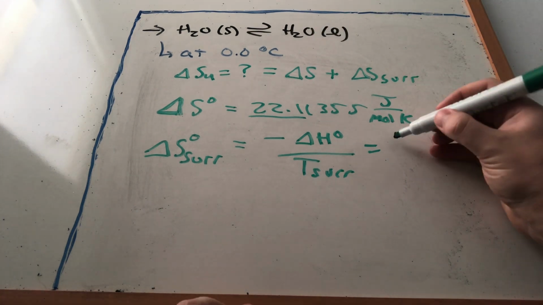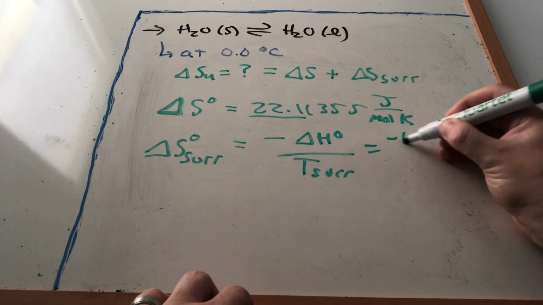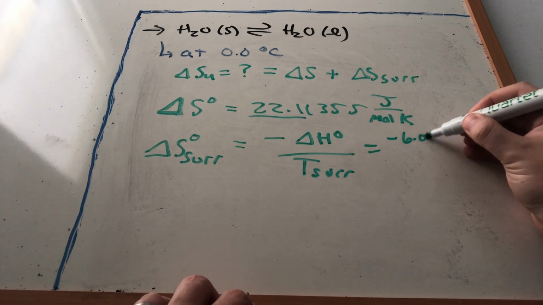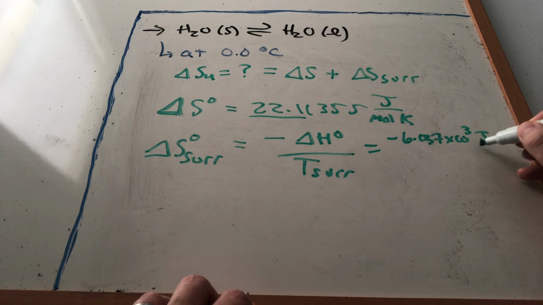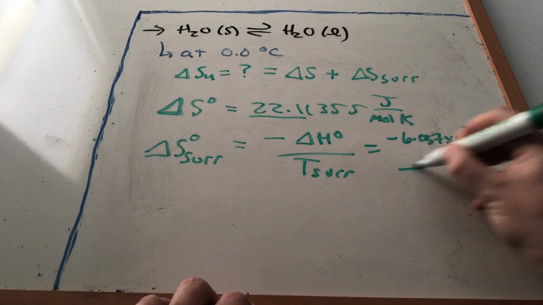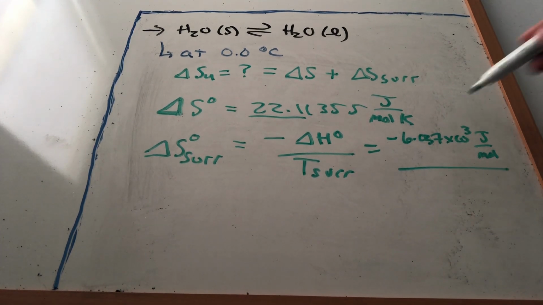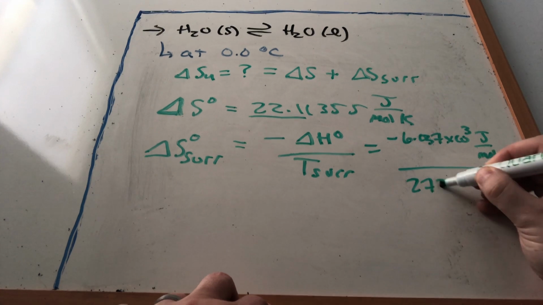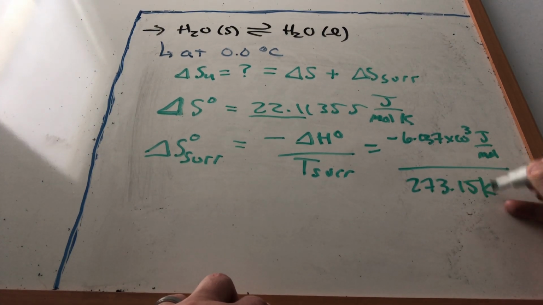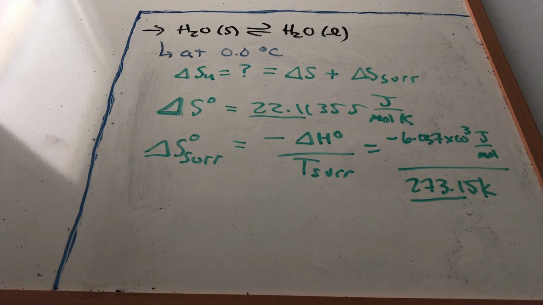So this looks like minus 6.037 times 10 to the third joules per mole. It's kilojoules per mole, but I did the 10 to the third right there automatically. Divided by 273.15 Kelvin.